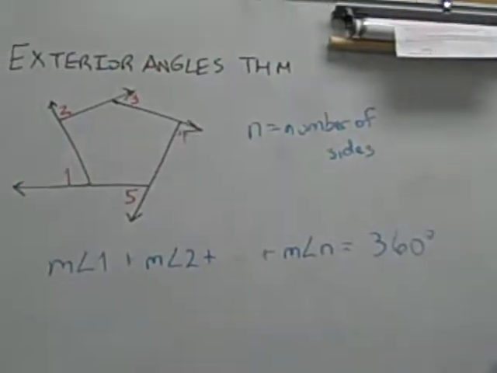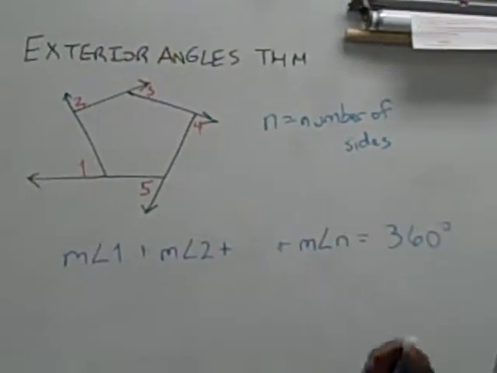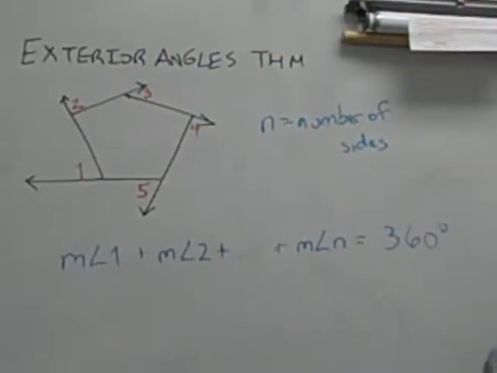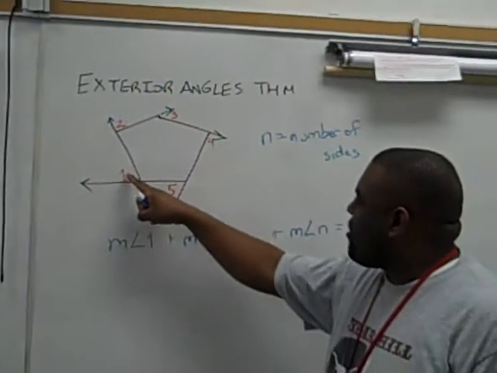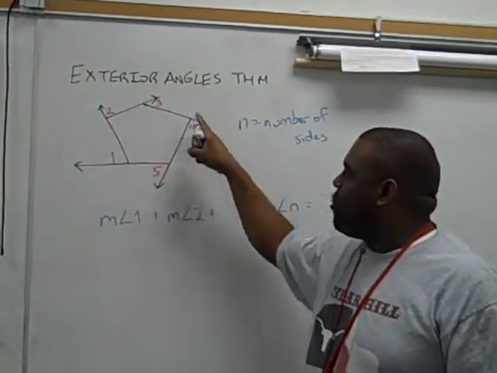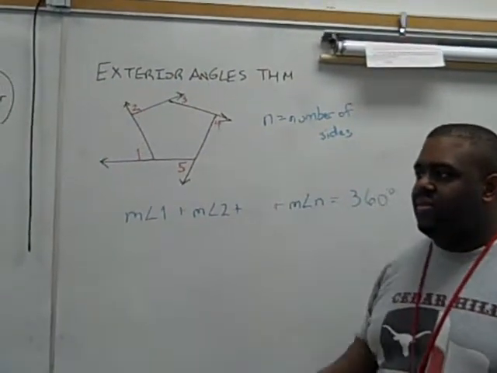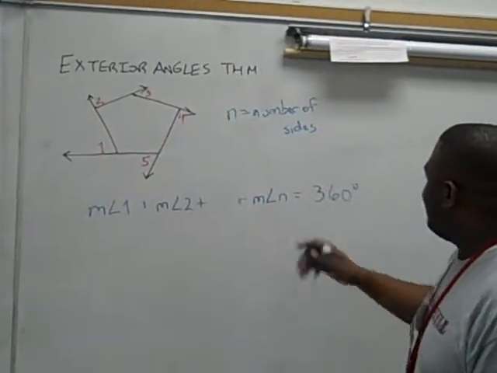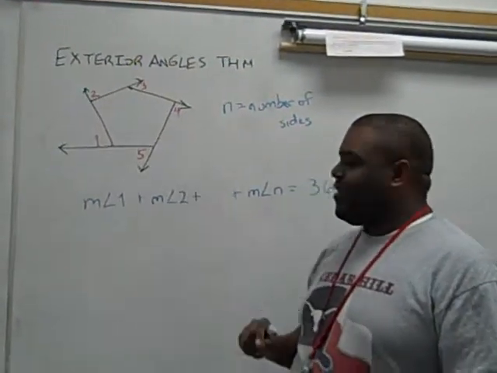That's all you have to remember. Exterior angles, the sum of the exterior angles adds up to 360 degrees. And the reason is because if I start here and go around and around and around, I've formed a 360 degree angle, a 360 degree circle. Okay? So that is what's happening here. All these angles add up to 360.